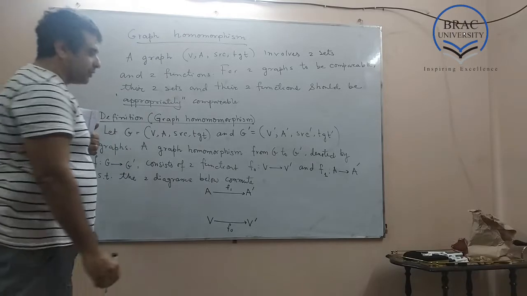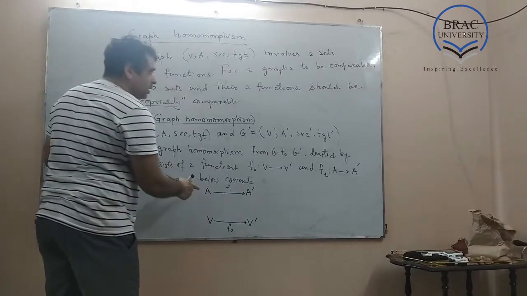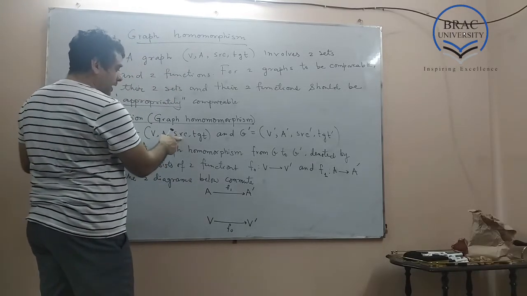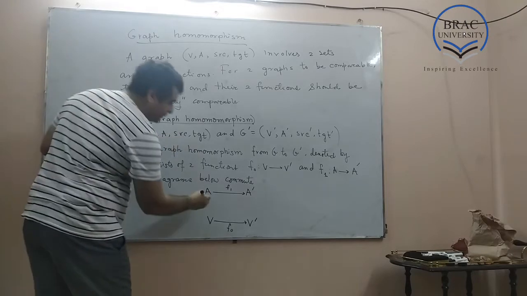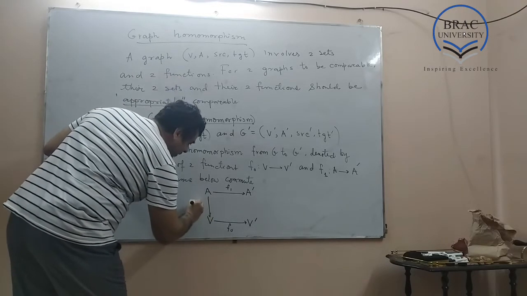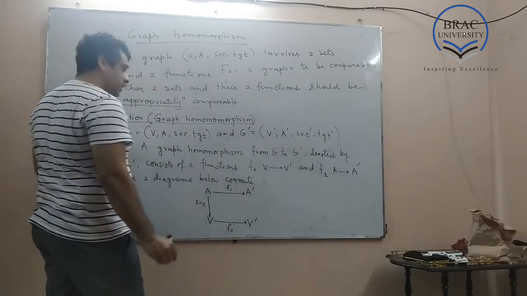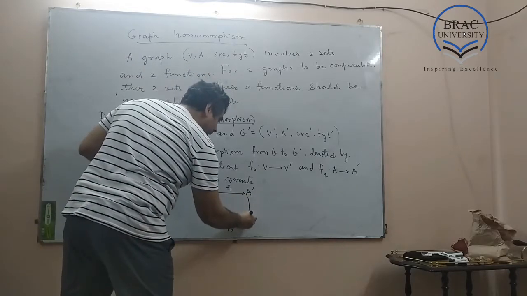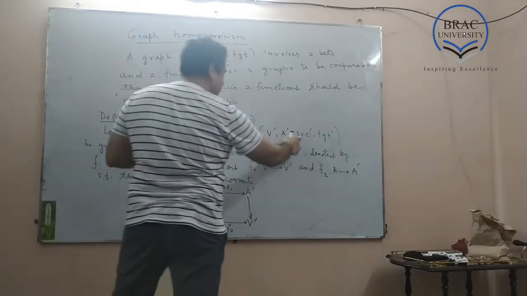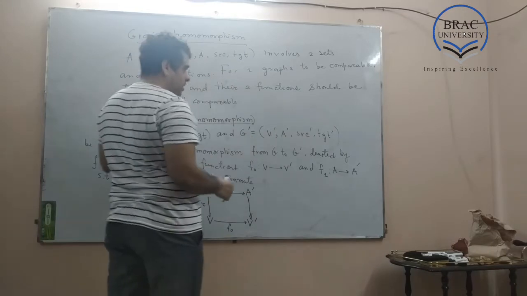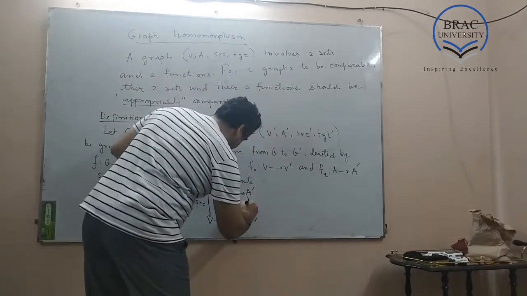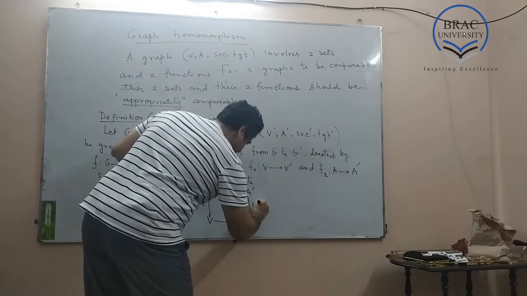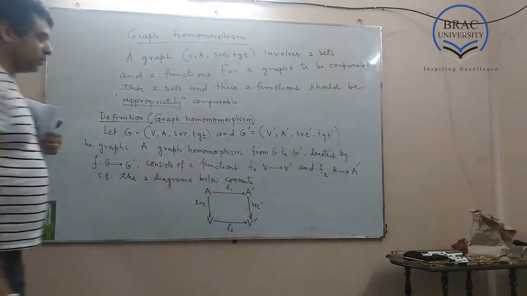And there is this source map SRC that takes A to V, and there is this source map SRC prime that takes A prime to V prime. We want this diagram to commute. Okay?